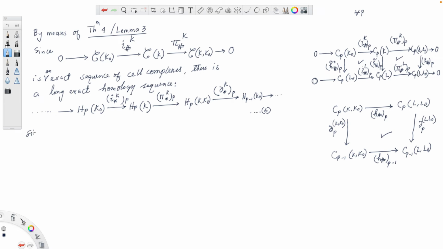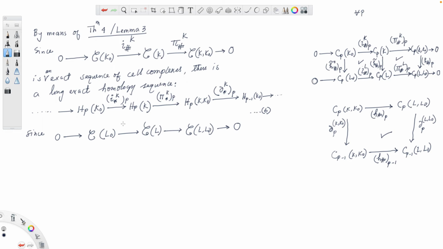Now similarly, for the simplicial complex L, we have a similar exact sequence of cell complexes, which is 0 to C of L0, and then from C of L0 to C of L, and then from C of L to C of L comma L0, and then back to the trivial cell complex 0.